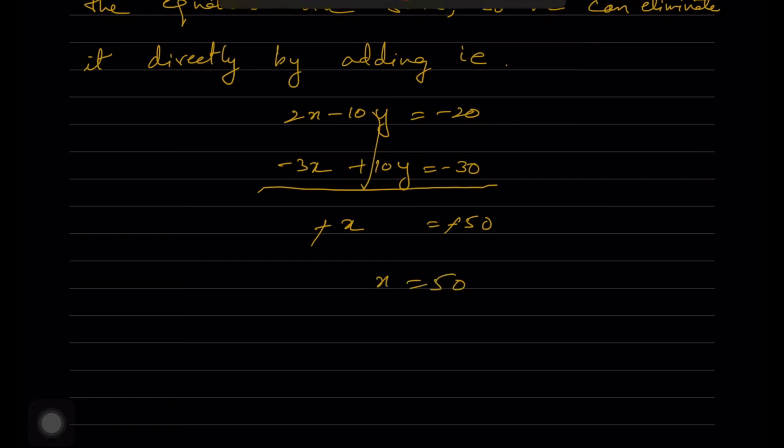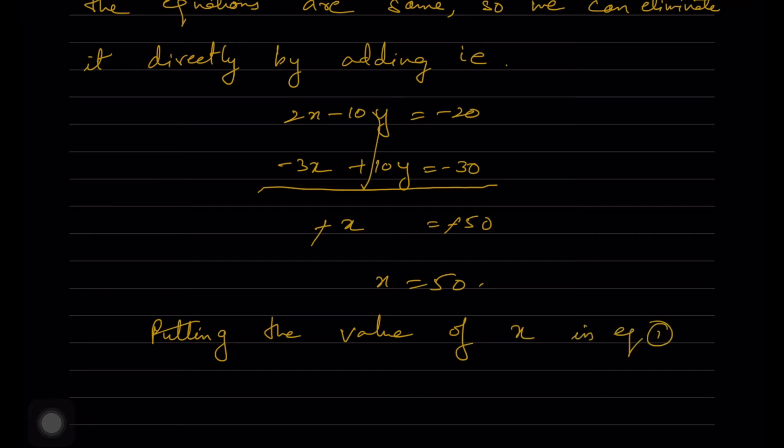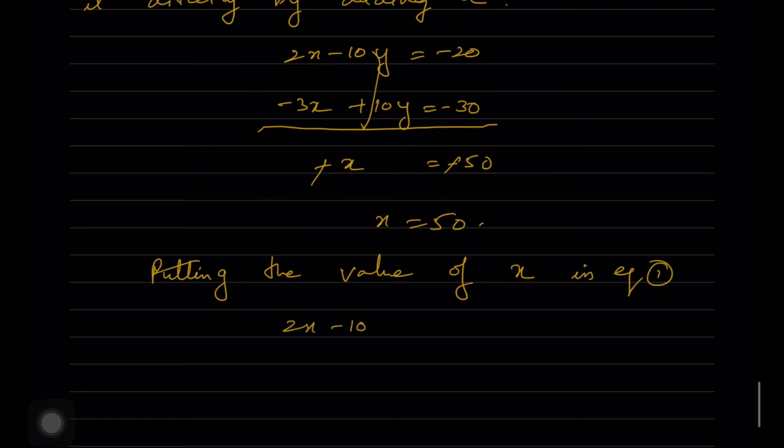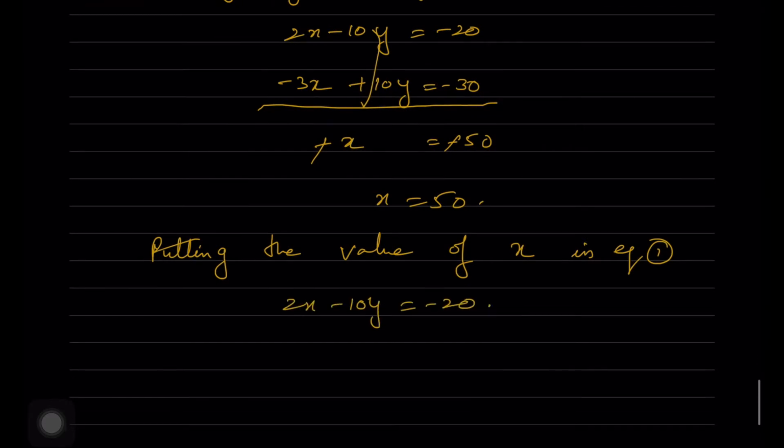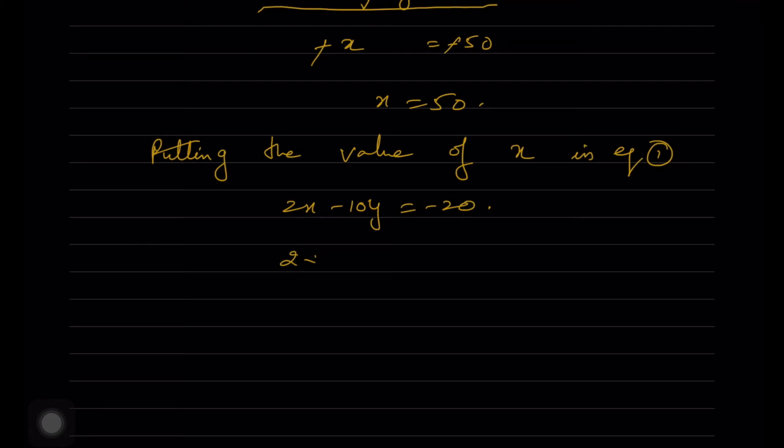Now putting the value of x in one of the equations, we put it in the first equation, that is 2x minus 10y is equal to minus 20. We are going to get 2 into 50 minus 10y, which is equal to minus 20.